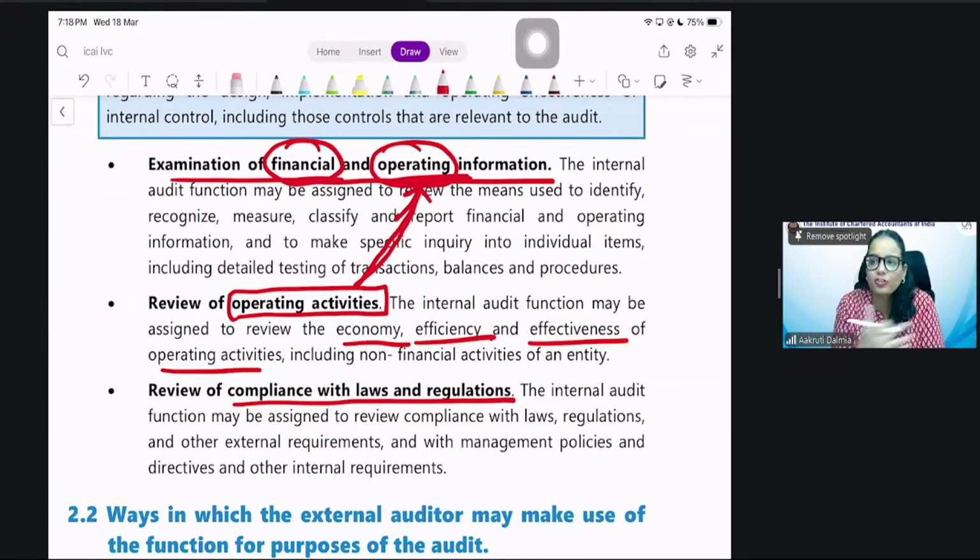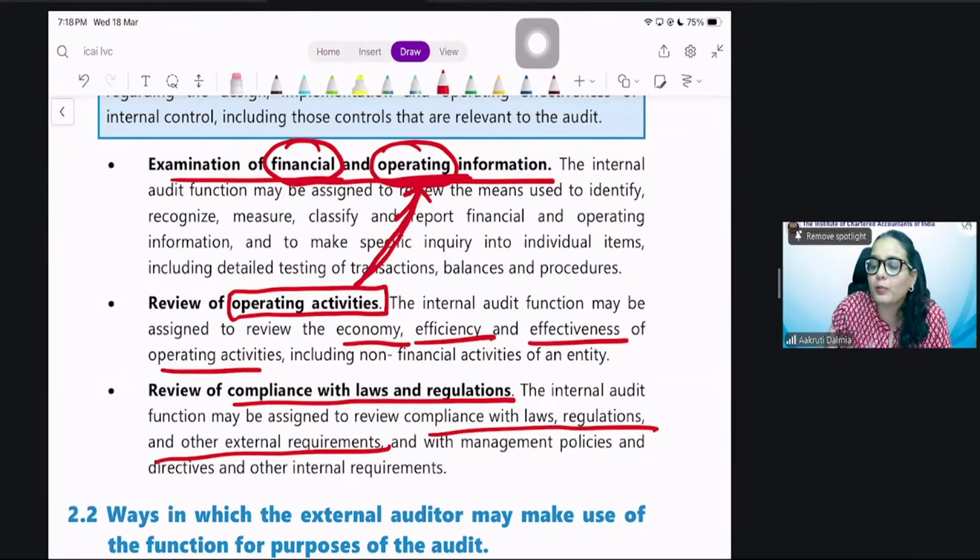If there is a change in director, an old director has resigned, a new director has come into the company, do you have to file something with the Registrar of Companies? Yes. So will that also be part of the internal audit function, to ensure that all the legal compliances are done on time? Yes. Okay. So compliance with laws and regulations.